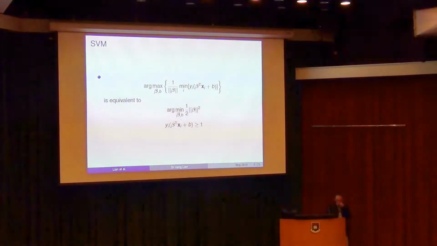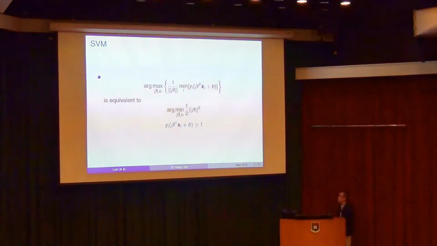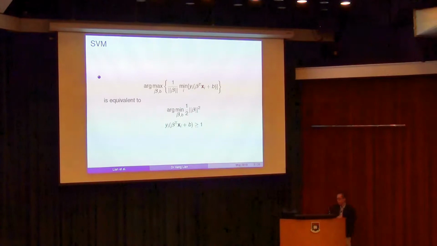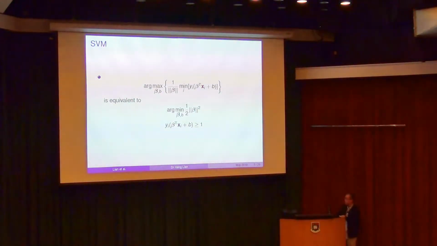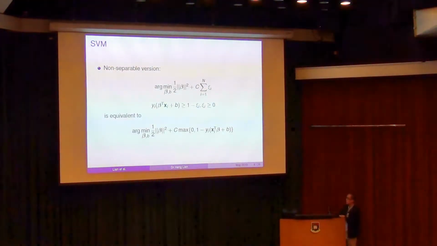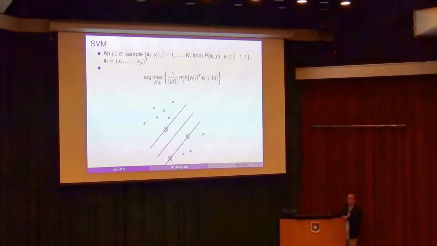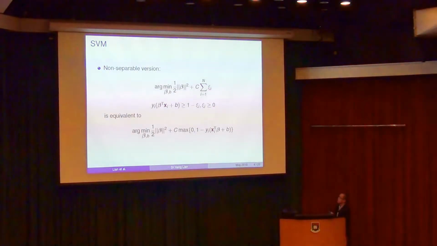So the number 1 is arbitrary. So this is just the original motivation for defining a support vector machine. This works only in the case that the two classes are separable in the sense of this figure. So you can find the hyperplane that cuts the space so that you perfectly separate the two classes.